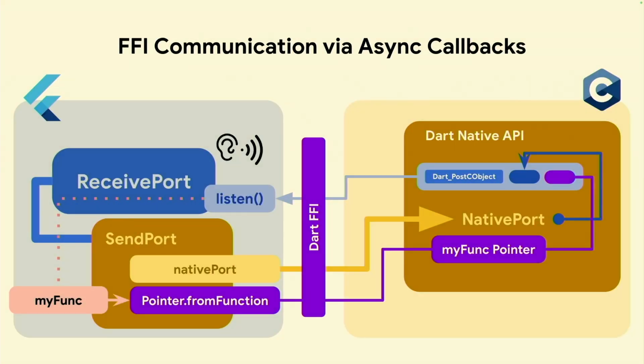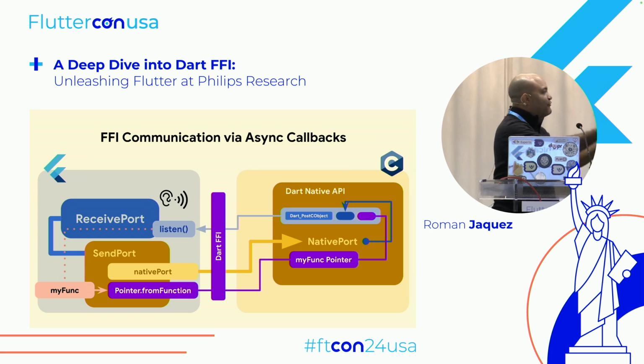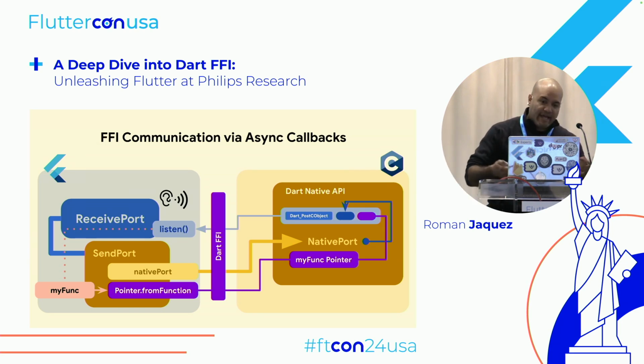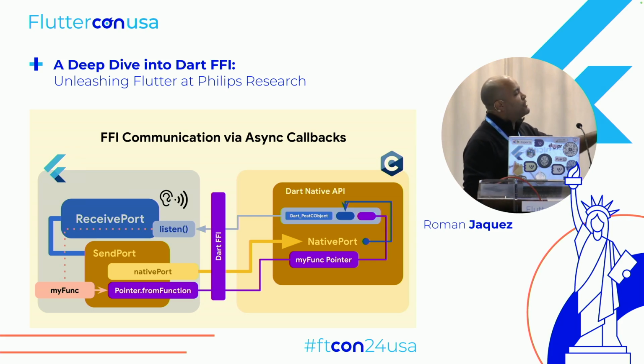Async callbacks work by telling the Dart side of things to yield its execution thread to C, so that it can perform the callbacks on its behalf. This may not be the scenario that you want. If the callback has a long-running operation, it could result in blocking your UI, and you don't want that, especially in a medical application. So you can use this, but use it with caution.